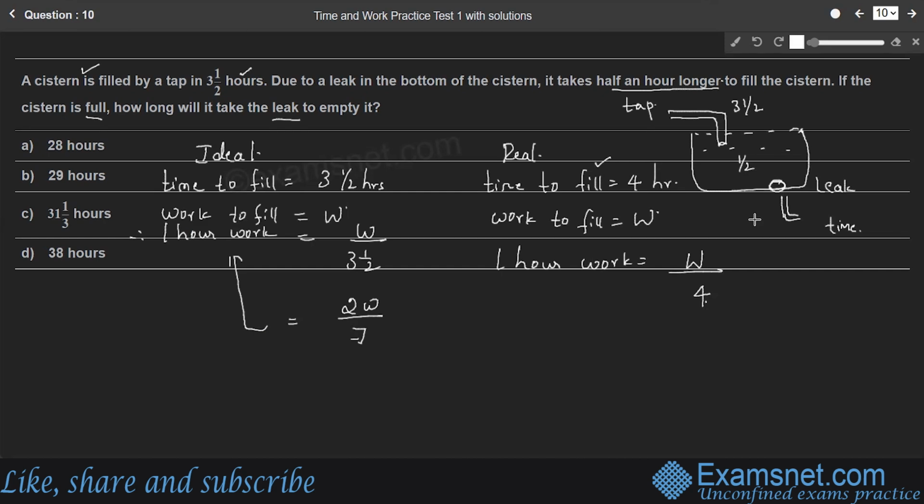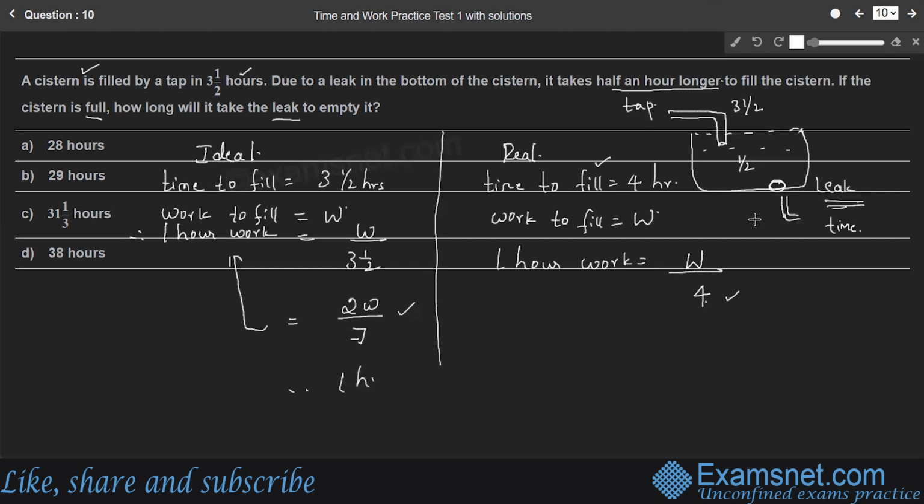Therefore, 1 hour work in ideal condition is more than 1 hour work in real condition, because in ideal condition there is no leak at the bottom. So more work will be done in 1 hour. That difference in 1 hour work is nothing but 1 hour work of the leak.